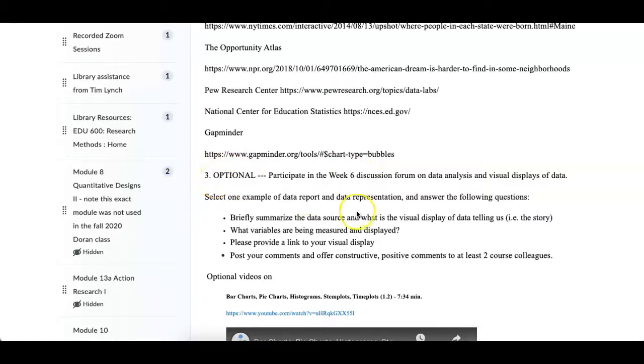Nobody has to do this. I decided I was keeping it in there only as a way that people can practice what the assignment is. Basically, what you're going to be doing in this optional discussion forum is very similar to what you will submit to me formally for an assignment next Sunday.